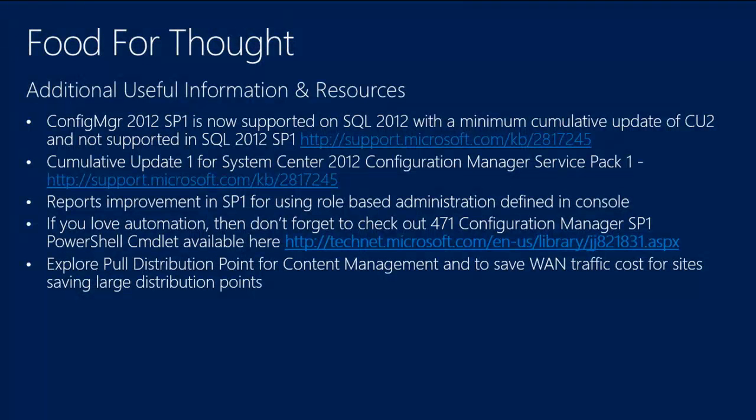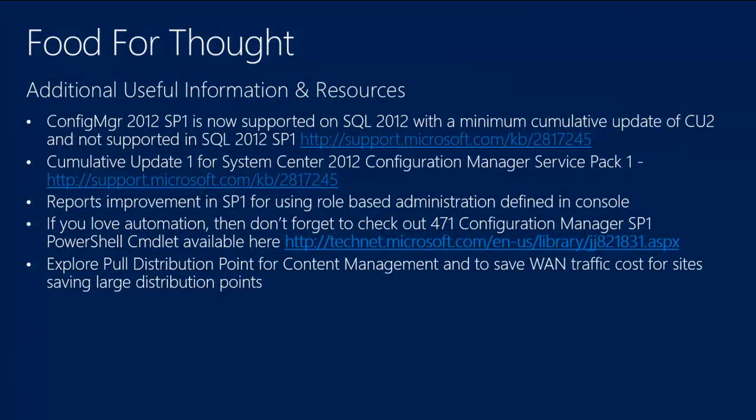And it could also help you if you want to eliminate secondary sites in your environment. That's food for thought: you could implement a pull DP, because a secondary site, I think, installs the SQL database when it does the secondary site installation, and you could have a higher machine or VM requirement for running a secondary site versus just a distribution point.